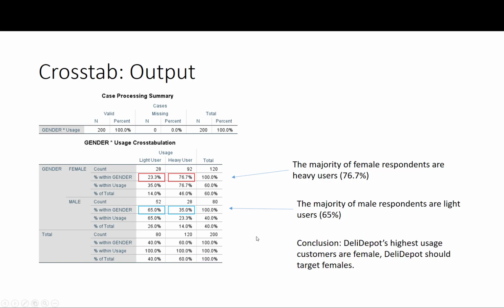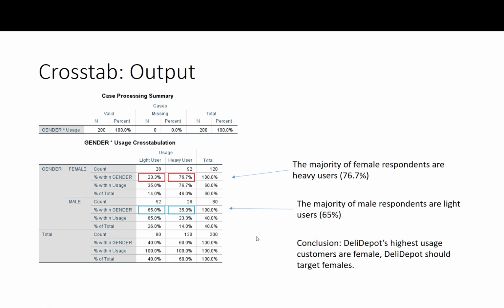So what does this mean? Well, Deli Depot's highest usage customers are female. So Deli Depot should target females for this particular question. If the question is who should Deli Depot target, the answer is Deli Depot should target females.